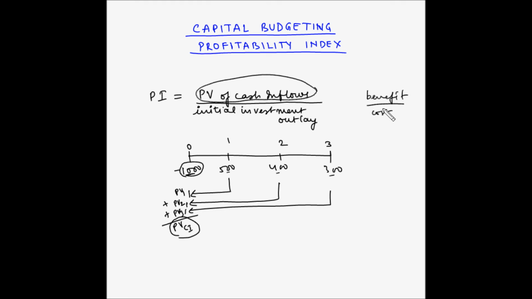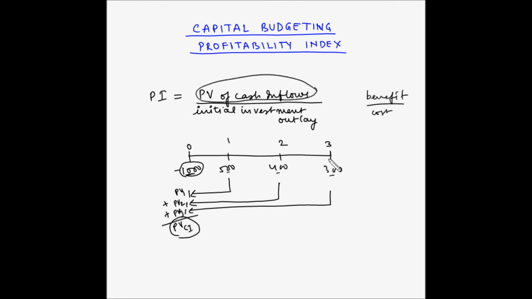So as you can easily guess, if the numerator or the benefits are equal to the costs or the denominator, the ratio will be equal to 1. If the benefits are more than the cost, the ratio is more than 1. While if the benefits are less than the cost, the ratio is less than 1.